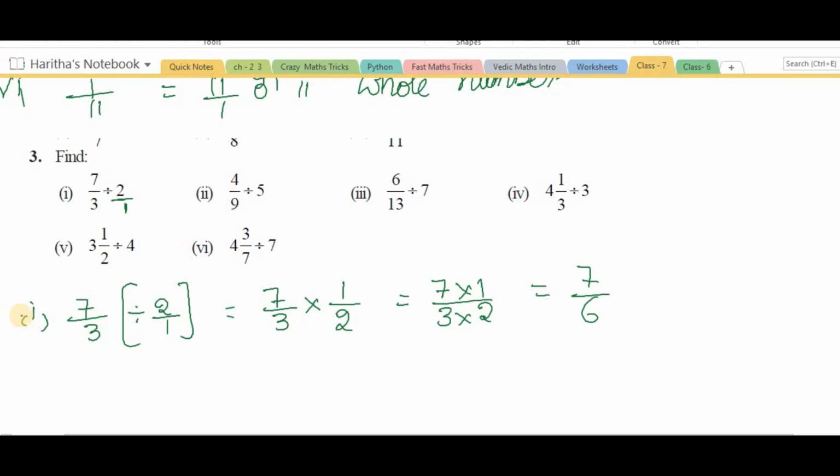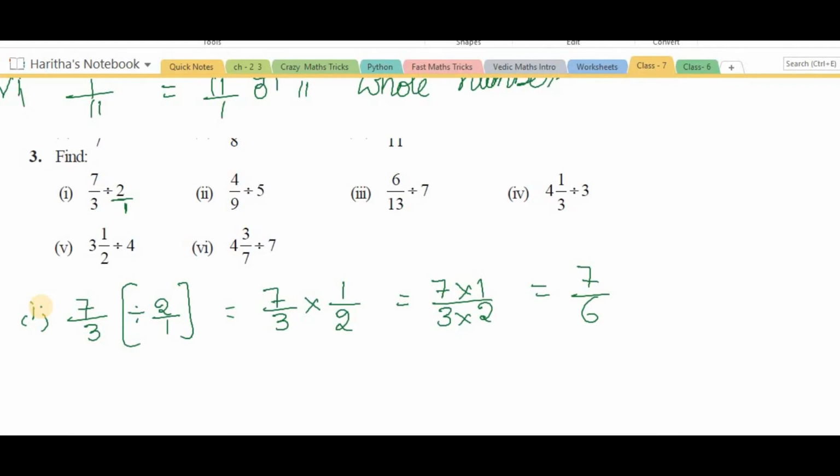Now in the same way we'll move on to the next question. 4 by 9 divided by 5.